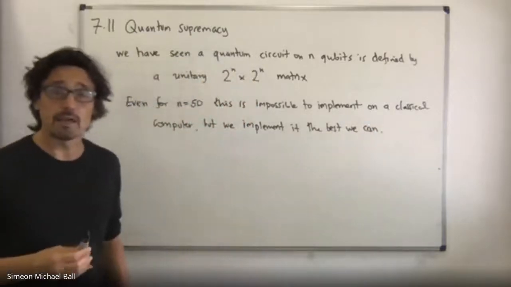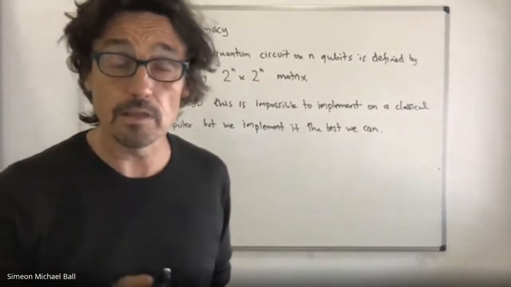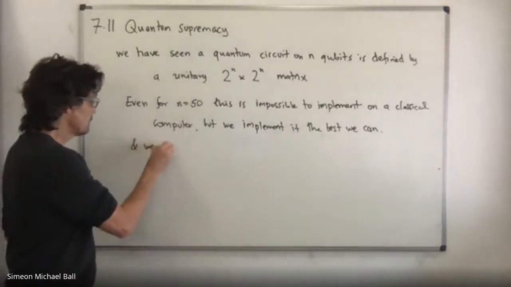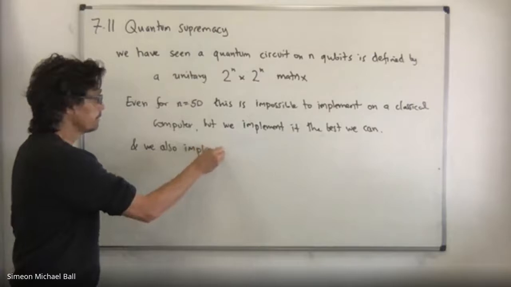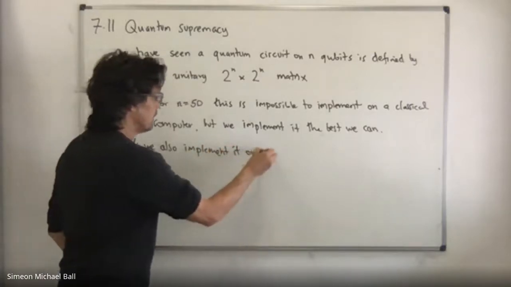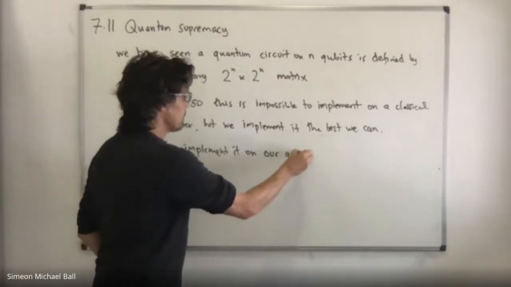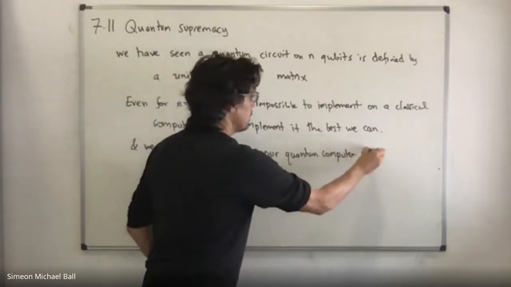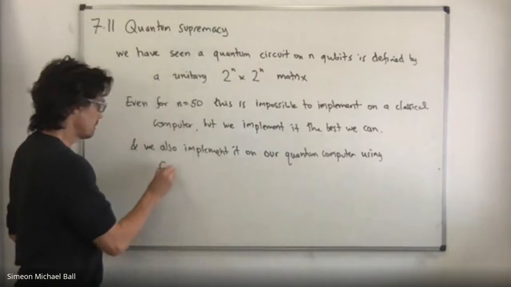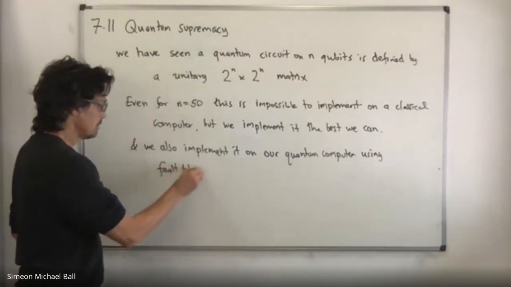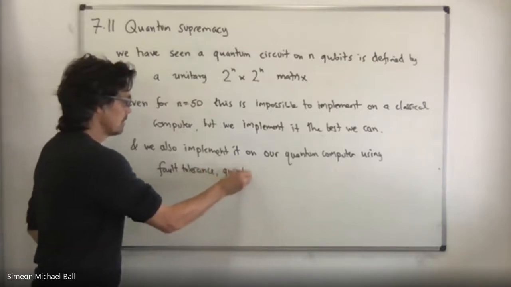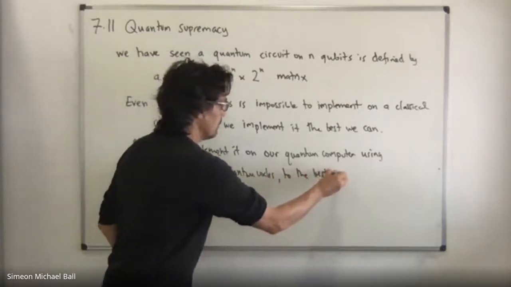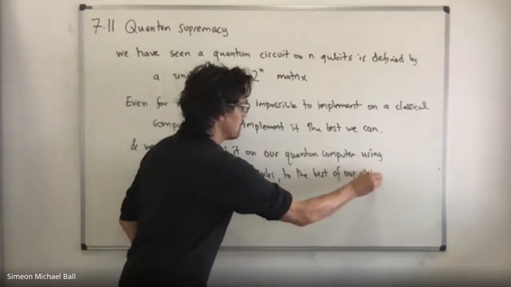So we implement it the best we can on a classical computer, the best classical computer you can find, and we also implement it on our quantum computer, using fault tolerance, quantum codes, to the best of our ability.